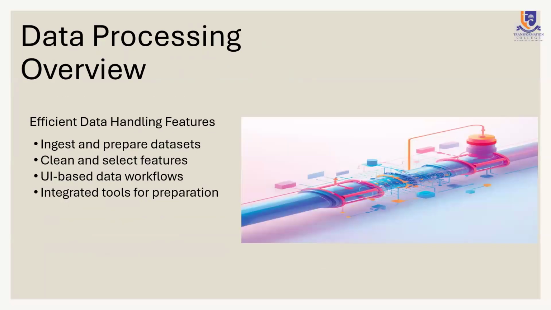Now, it allows us to process our data. We can ingest our data, prepare the data set, clean it, select the features that we want to use, and then we use UI-based data workflows to handle the processing from where we stored our data and to where we'll train our model. And that's basically the integrated tools for preparation.